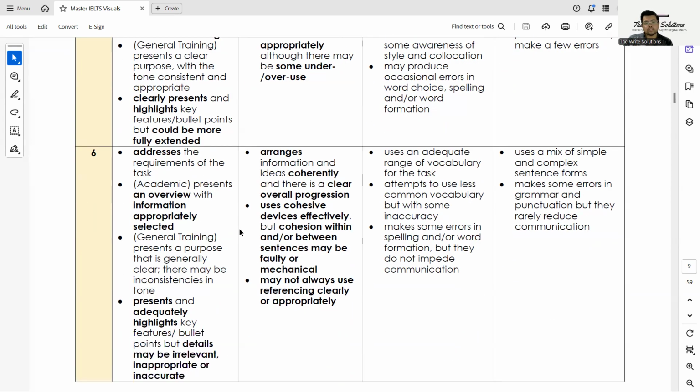Band 6 arranges information and ideas coherently, and there is a clear overall progression, but there might be some technical mistakes, faulty or mechanical ones. It may not always be clear when you're referencing. So 6 and below is a borderline fail.